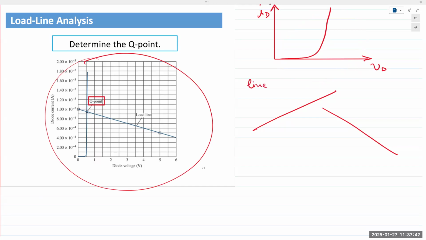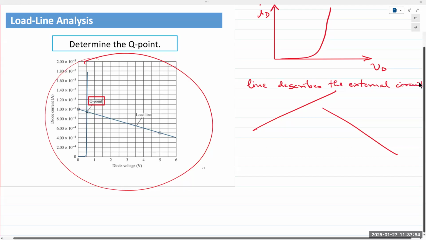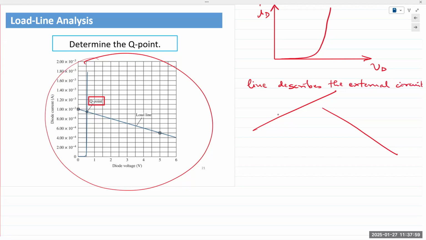Let me write first, this line describes the external circuit. And the external circuit places a constraint on the operation of the diode.